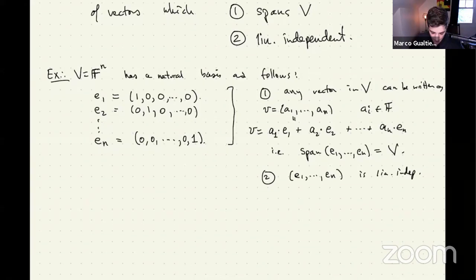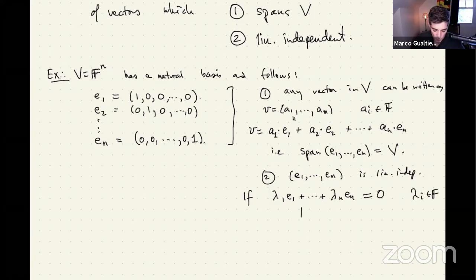So in other words, if I have some redundancy, if lambda 1 e1 plus up to lambda n en, I don't want to confuse it with the previous scalars, so let me call them lambda 1 up to lambda n. If we have any linear combination equaling 0, then I can just compute this.